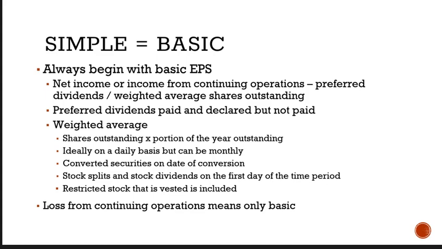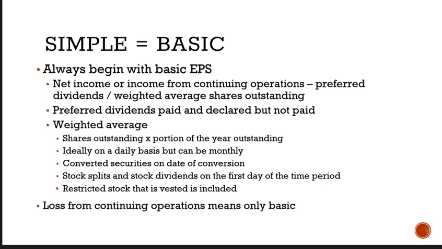Some principles to remember. Converted securities are counted as of the date of conversion. So if we convert preferred stock into common stock, that starts on the day of conversion. So if calculating our weighted average, those would be outstanding for the rest of the year, the part of the year that they are outstanding.